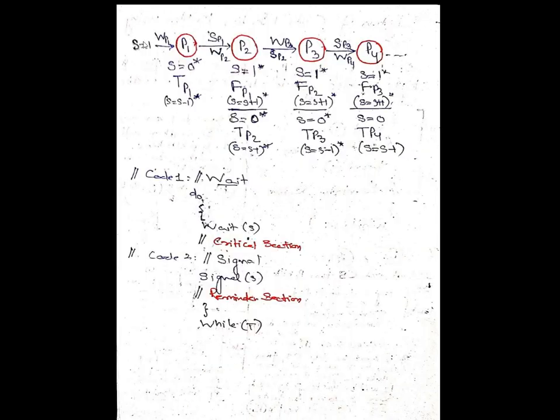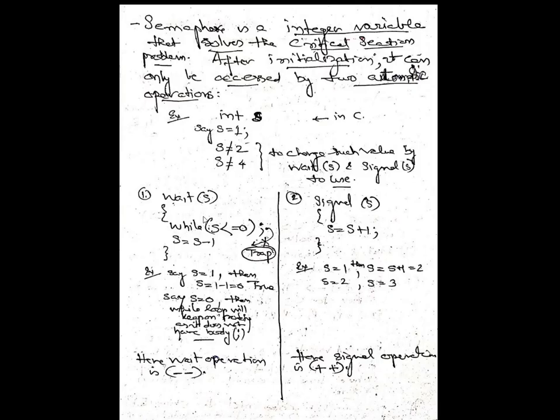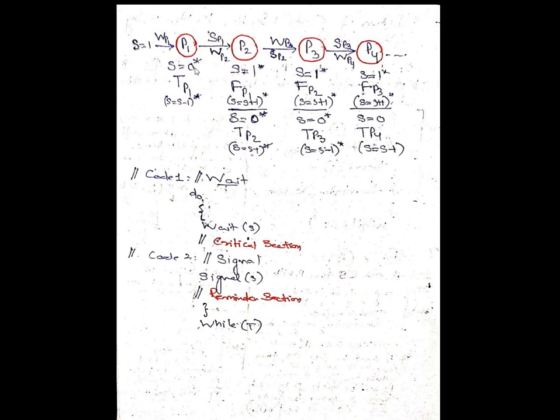Now when the process P1 is in the critical section, when S is equal to 1, what is going to happen? S is equal to 1 minus 1 is equal to 0. So that is what indicates that the process P1, I am putting as a true case, is going to switch over from the process for the next process of the waiting.